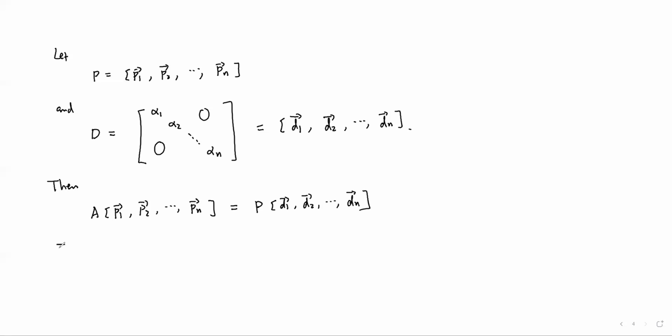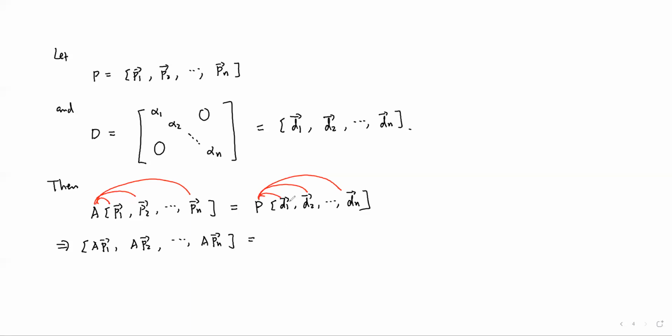Now from this equation, recall that we have two formulas to compute a matrix times a second matrix. One formula is A times all the columns. So it is A times first column, A times second column, and A times the last column.